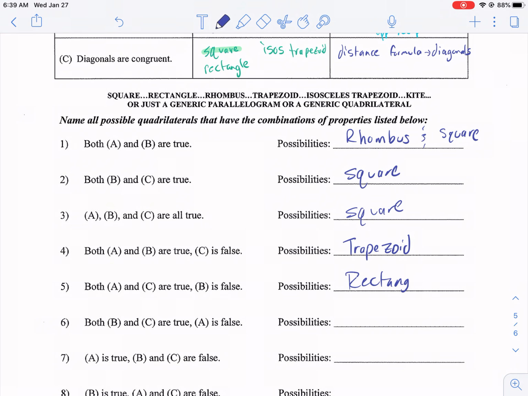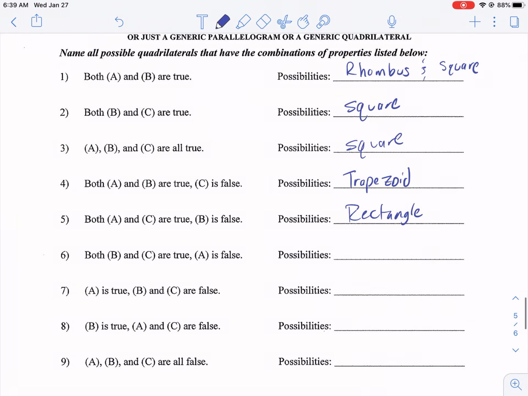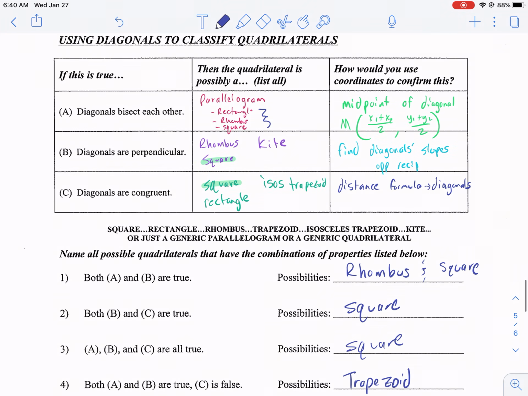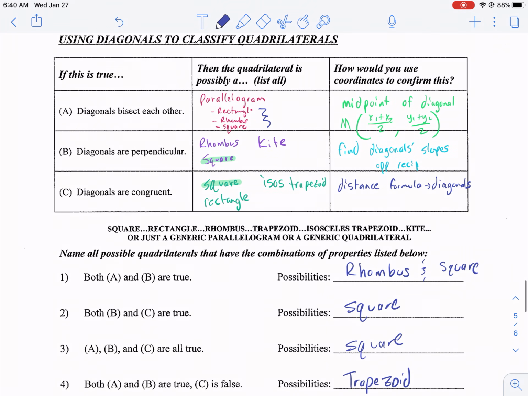Okay. How many more do I have? I'll just finish it. B and C are true. A is false. So diagonals are perpendicular. Diagonals are congruent. This is interesting. Diagonals are perpendicular, diagonals are congruent, but the diagonals do not bisect, so it's not a parallelogram.